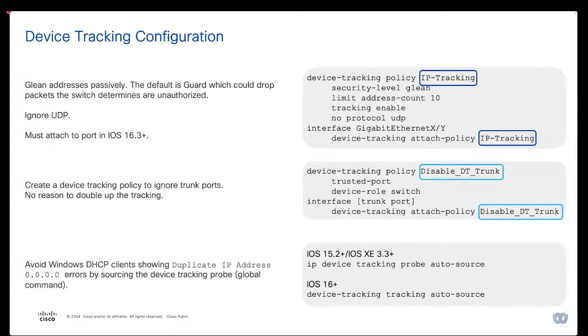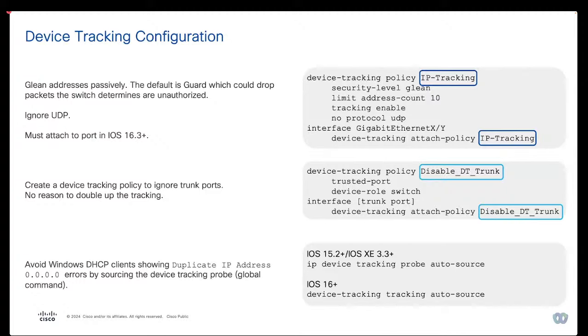One thing I've come across in several locations, and this started way back as well, is that sometimes when you have device tracking enabled, because it uses ARP for this, Windows clients would connect, and when they went to request a DHCP address, it would pop up an error that a duplicate IP address 0.0.0.0 was detected. It drove me nuts because I'm like, what is this? Why does it matter? What is 0.0.0.0?